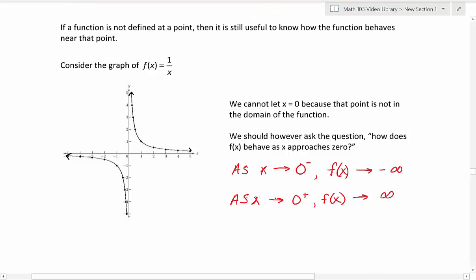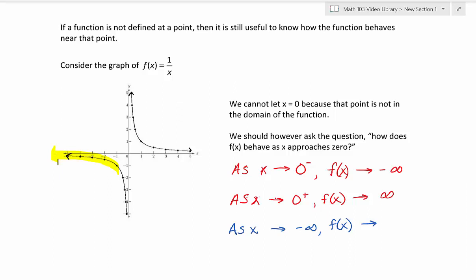Let's also look at what's happening to the graph this time as x approaches negative infinity. Let's talk about what's happening to the y value. Notice that it looks like our graph is leveling out.